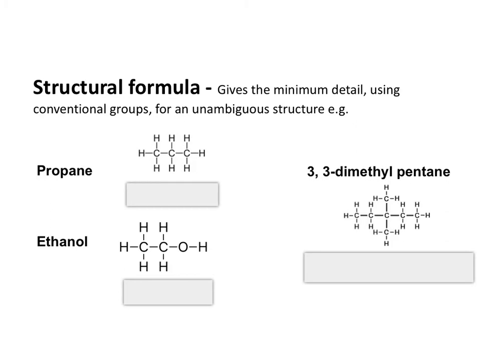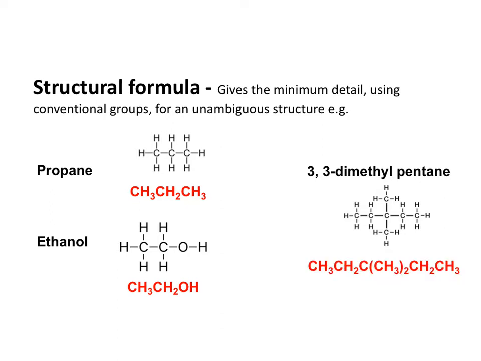So we now look at structural formulae. These, as it says, give the minimum detail using conventional groups. It just shows how the structure is arranged without going for the full displayed formula. So for propane, you can see it there, for ethanol we have that there, and 3,3-dimethylpentane is shown there. As you can see, it's much faster to do those.